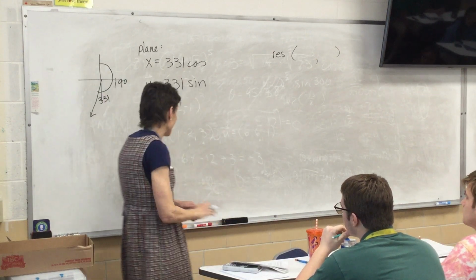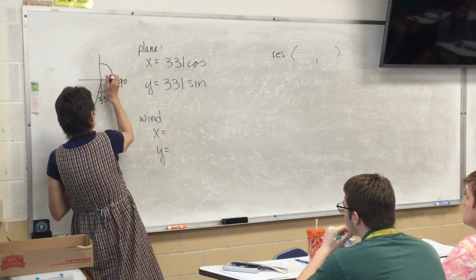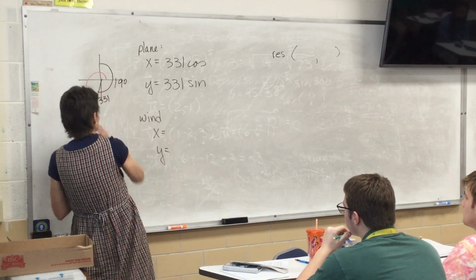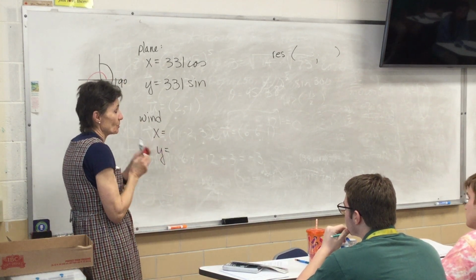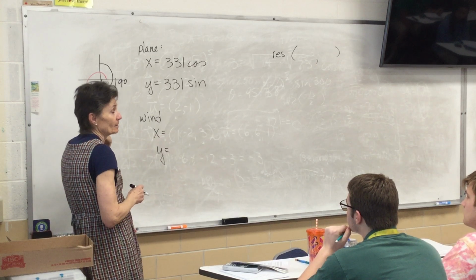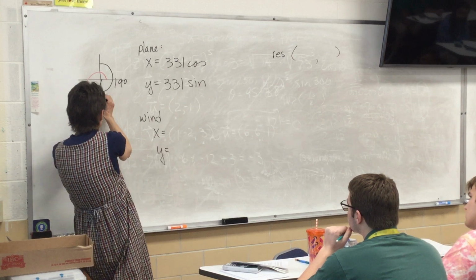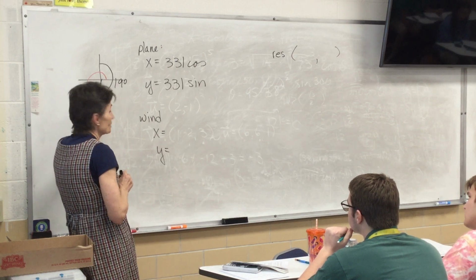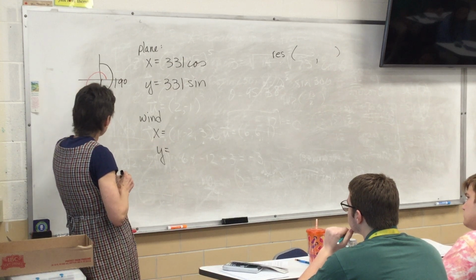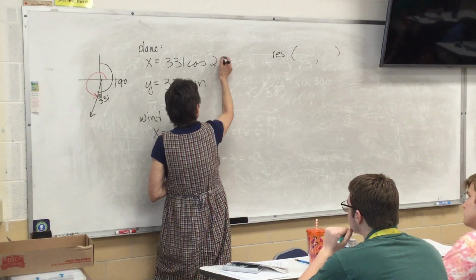I need the angle in standard position, which will be this one. So you need to figure out what that is. I heard somebody say 260. That makes really good sense because isn't this little thing 10 right here? So we're going all the way around almost to 270. So 260 sounds great.